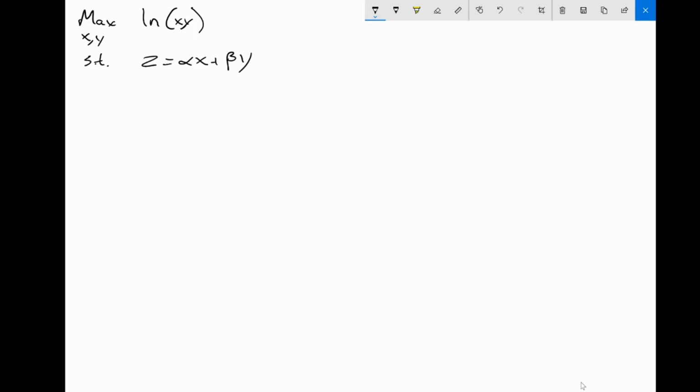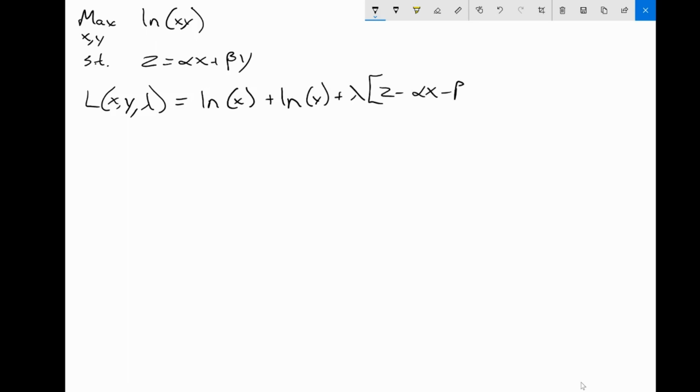Okay, so let's say we want to do this. What we do, as you know, is set up the Lagrangian. Natural log, we break apart that natural log. We have our constraint in there. We do all of our first order conditions.